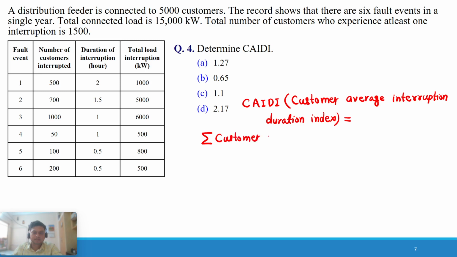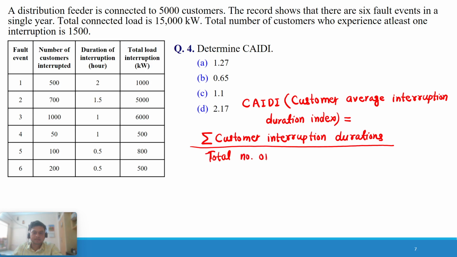CAIDI is the ratio of customer interruption duration divided by total number of customer interruptions.